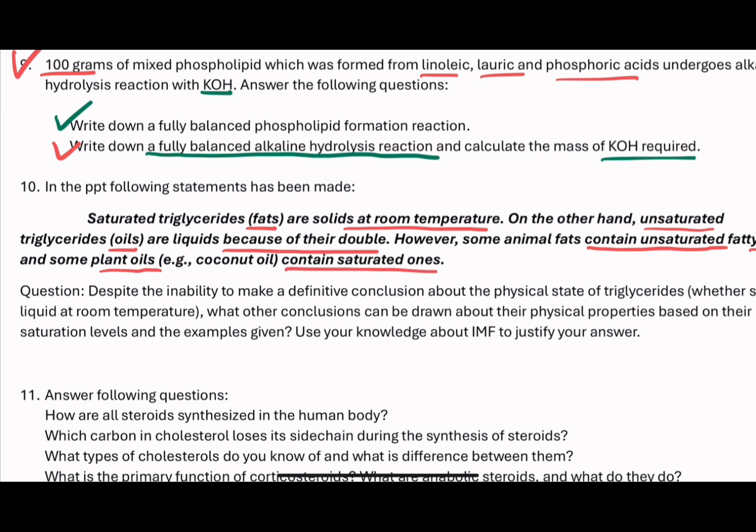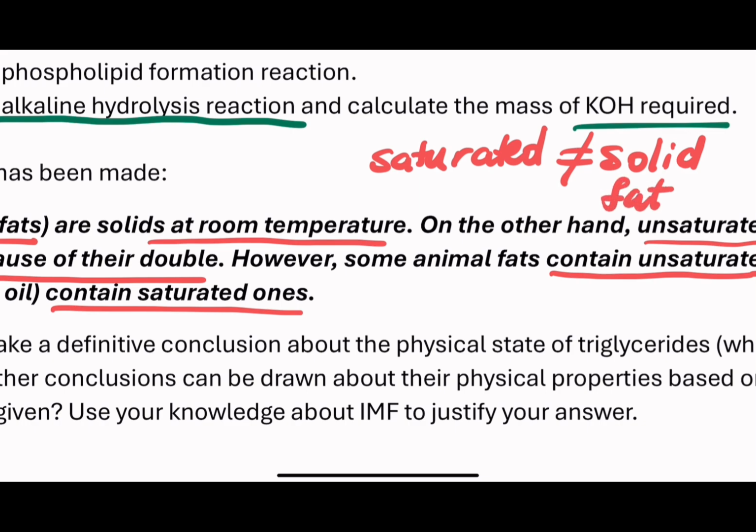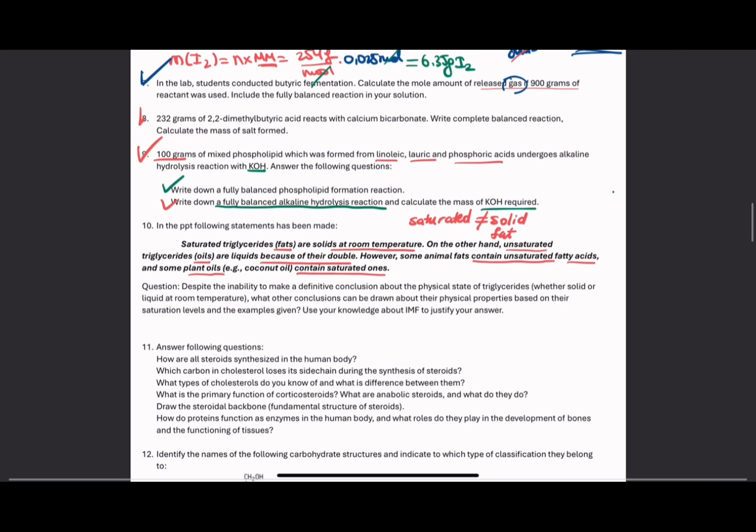So even though we talked about saturated triglycerides making the solid ones, we can't make the conclusion that if it is saturated, meaning there is no double bond, it will be solid state. Okay, it won't be fat. It can be an oil as well. So we can't make that conclusion.